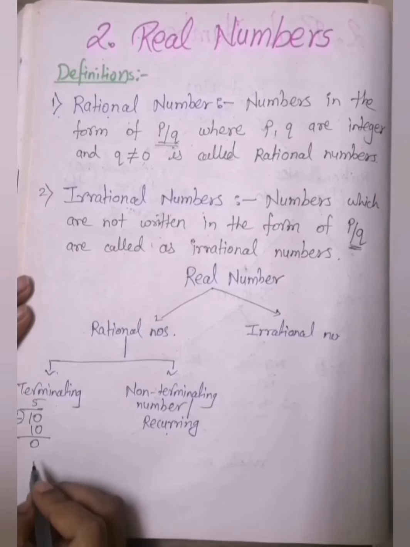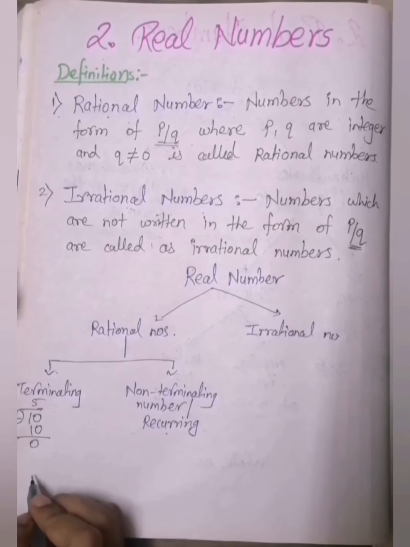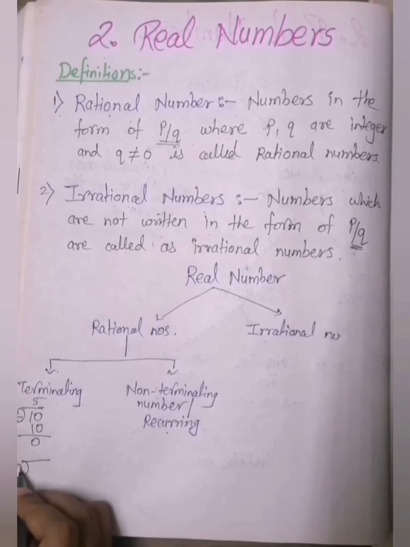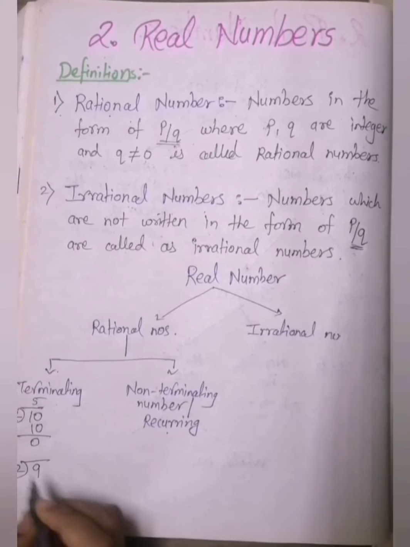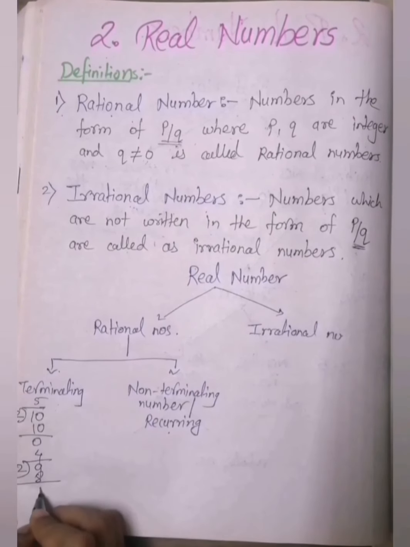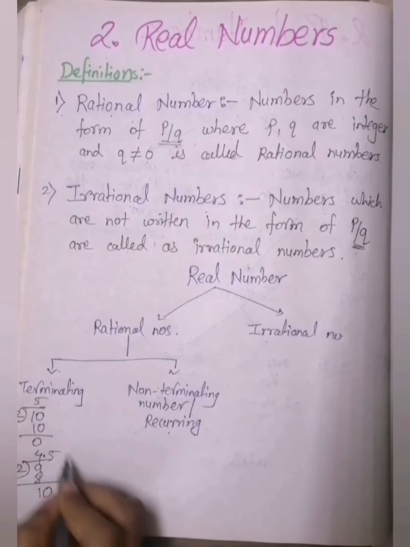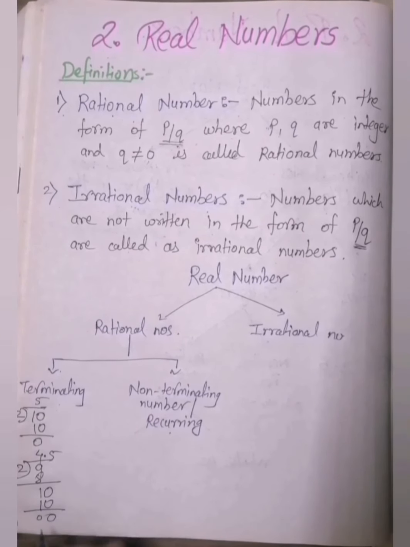Suppose I have another example like 2 divided by 9. Clear? 2 4s are 8. Then I get 1. When I take an extra 0 for decimal form, 2 5s are 10, I get 0.